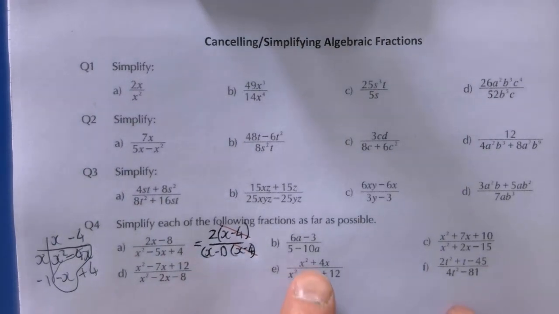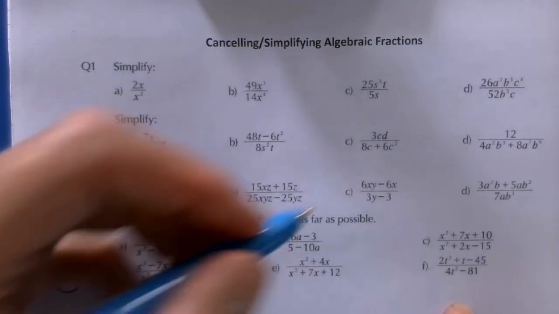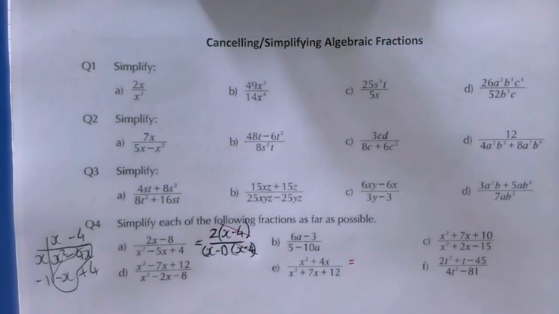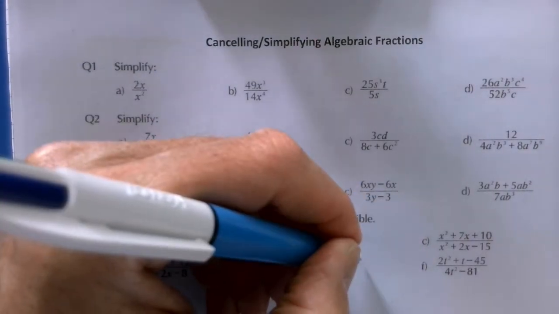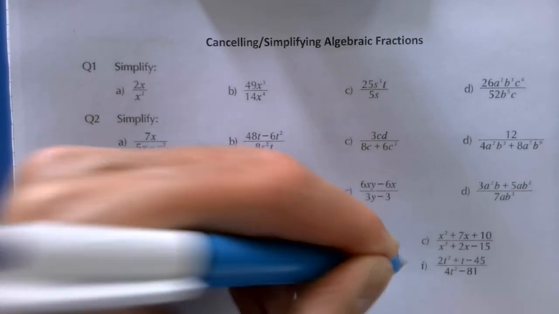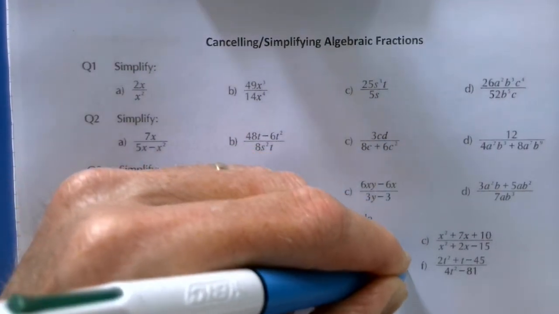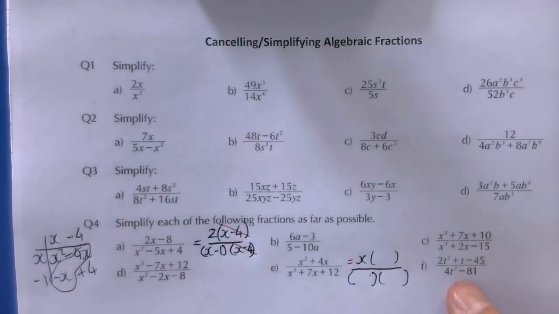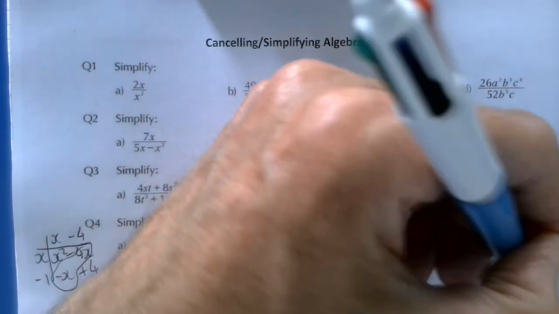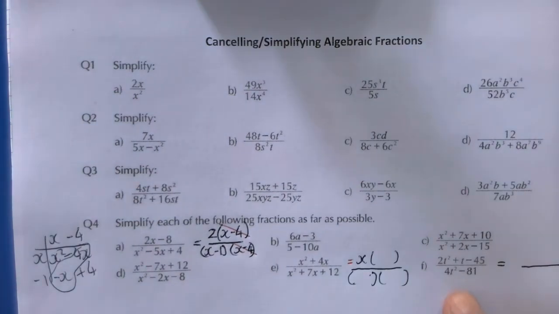I note that I've got two special cases here. This one here, I'll give you a clue, is a bracket with just x outside it, so that one's going to look like that. And this one you may not recognise, so I'm going to tell you that one. This is a difference of two squares.